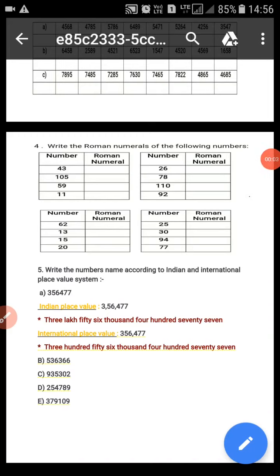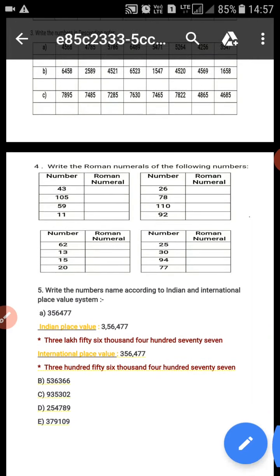Next is write the number names according to the Indian and international place value system. Here we compare the numbers in the Indian place value and in the international place value. How to write numbers in the Indian place value and how to write the number in the international place value.